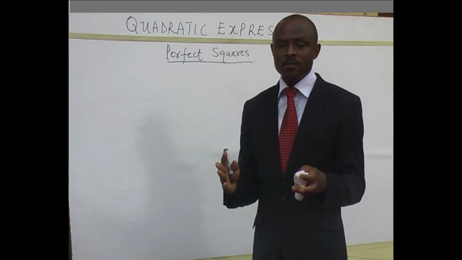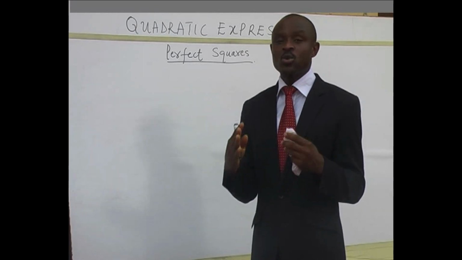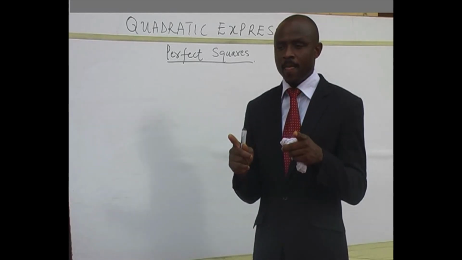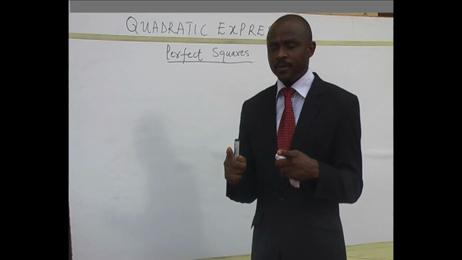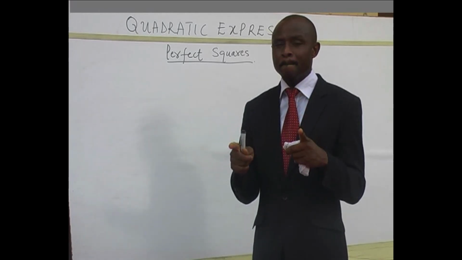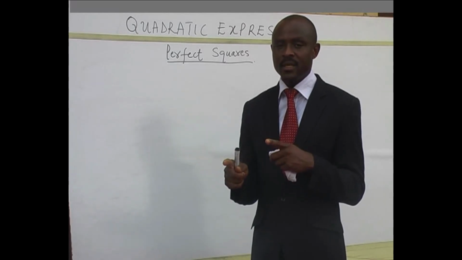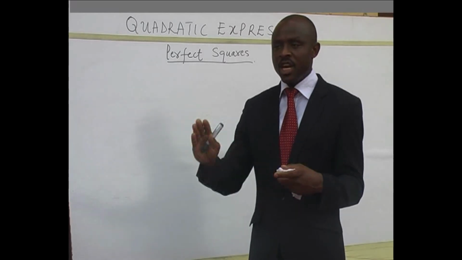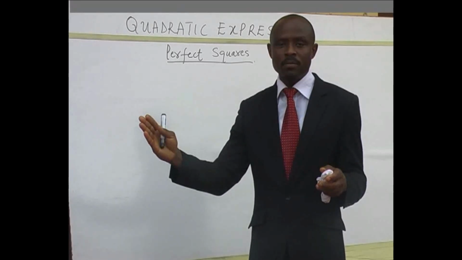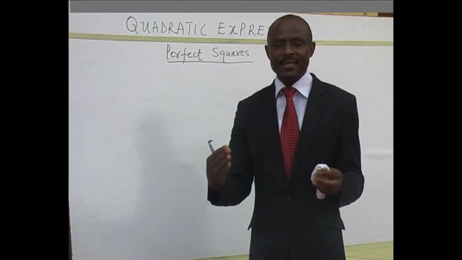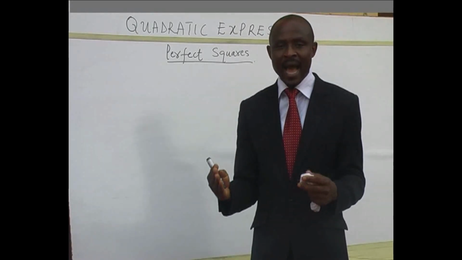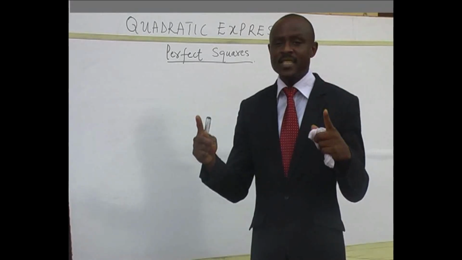In the case of the square of the difference between two terms, it is always equal to the sum of their different squares minus twice their product. In the case of the square of the sum, you add twice the product after adding their different squares.